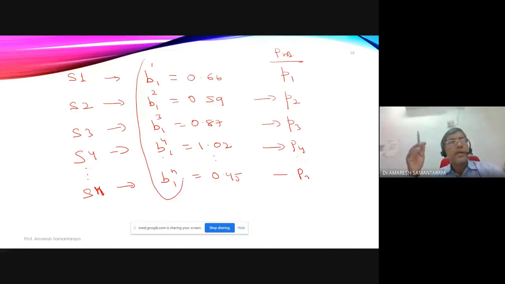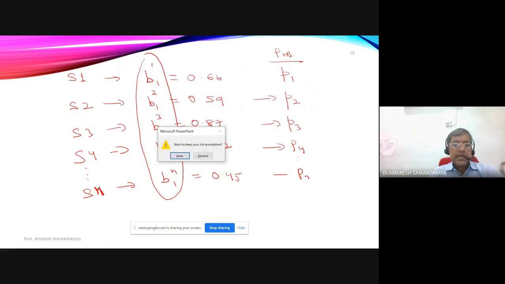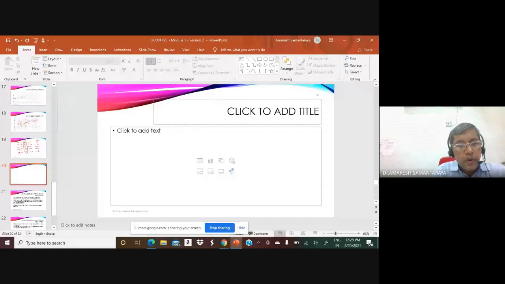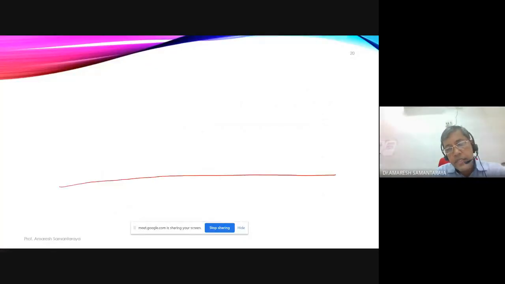B1 can be B11, B1 can be B12, B1 can be B13, B1 can be B14, B1 can be B1n. And there is a probability associated with that, right? If I plot these B1 values here in x-axis, perhaps we can have some numbers beginning from say 0.2, possibly to maybe 1.1.